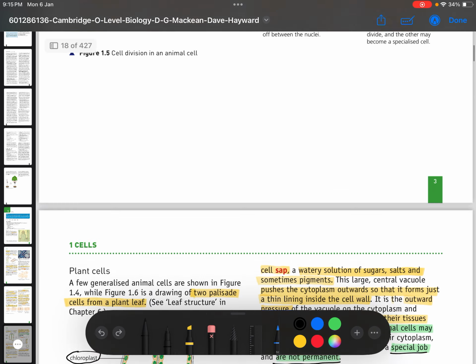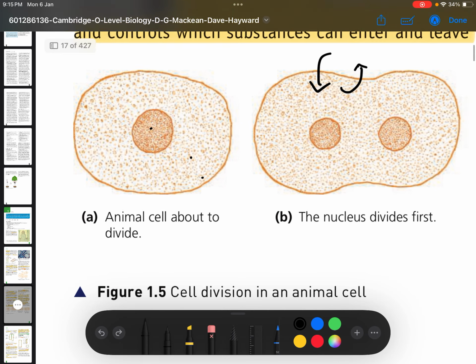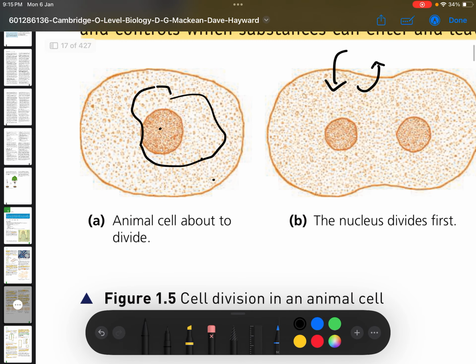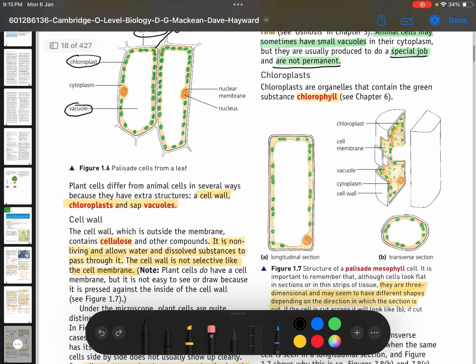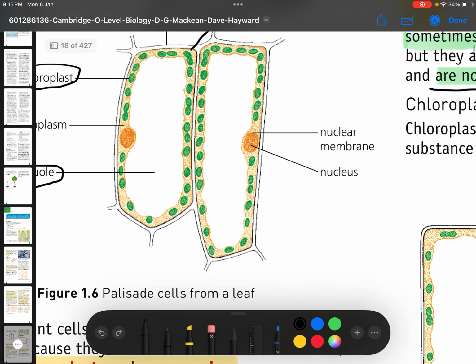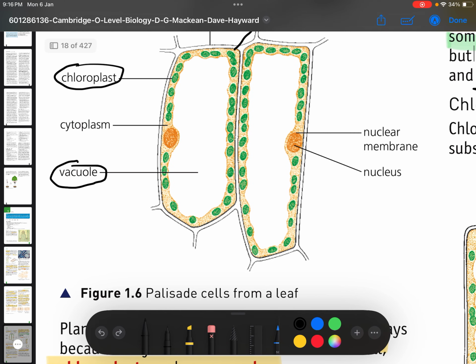Whereas in the animal cell above, the cytoplasm was around the cell, not pushed to the periphery. The vacuole was not pushing it around. So the vacuole here is far greater and larger in a plant cell. You can see that the nucleus has been pushed to the periphery, and not only the nucleus, the cytoplasm has been pushed to the periphery as well, because of such great content inside the vacuole, right?